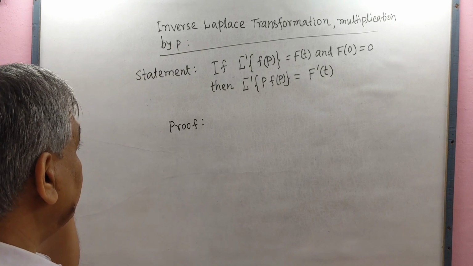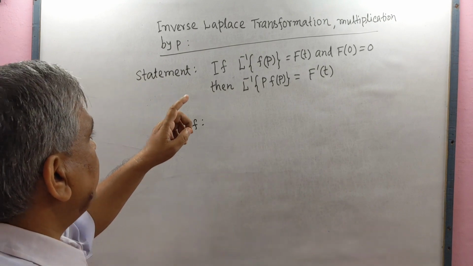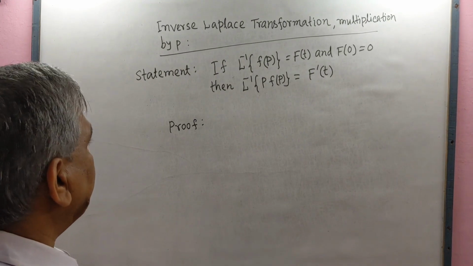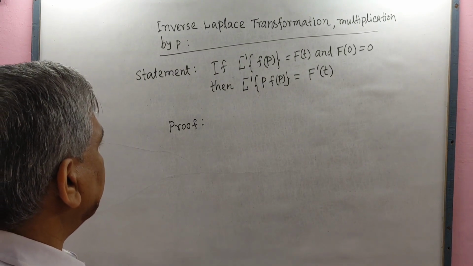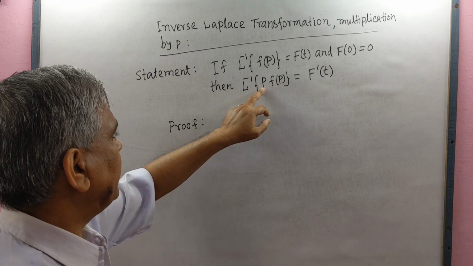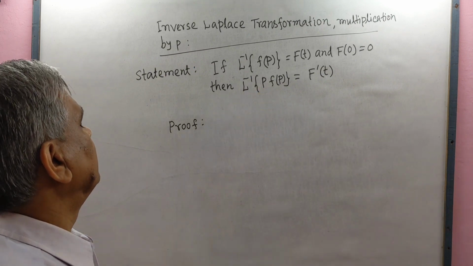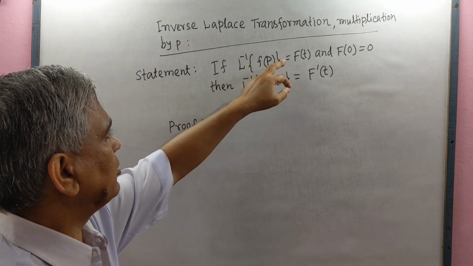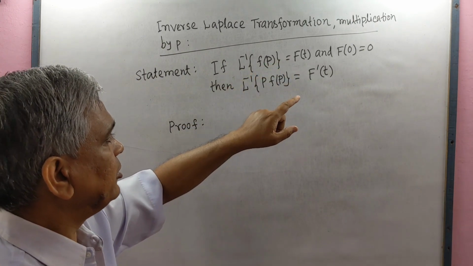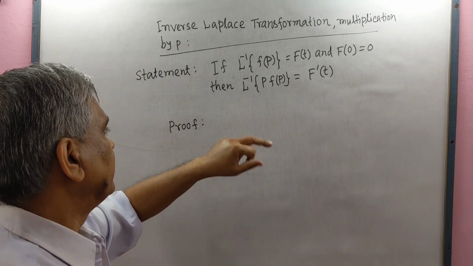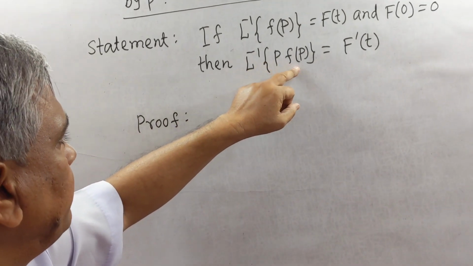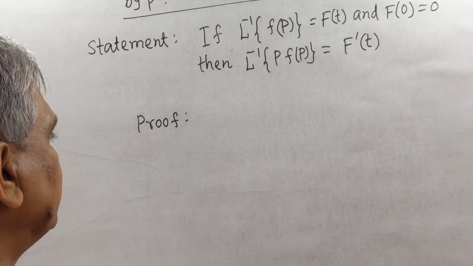Now we shall discuss the inverse Laplace transformation, multiplication by p. The function F(p) is multiplied by p. Statement: if L inverse F(p) equals capital F(t) and F(0) equals 0, then L inverse p F(p) equals F dash t.